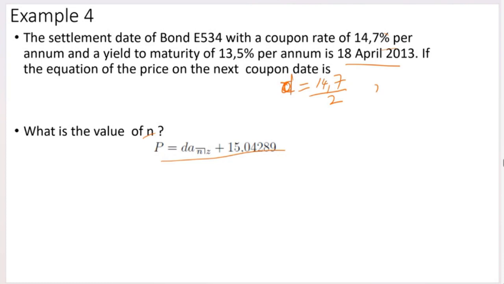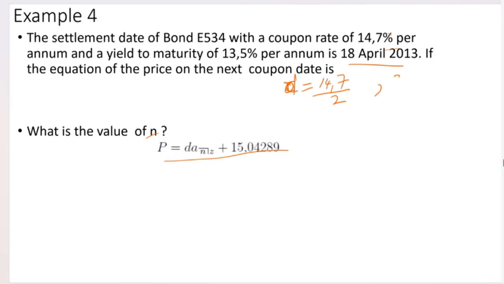Yield to maturity, we've got Z is equal to the yield to maturity, which is 0,135. We are dividing by 2, according to this information. And what else do we need there?